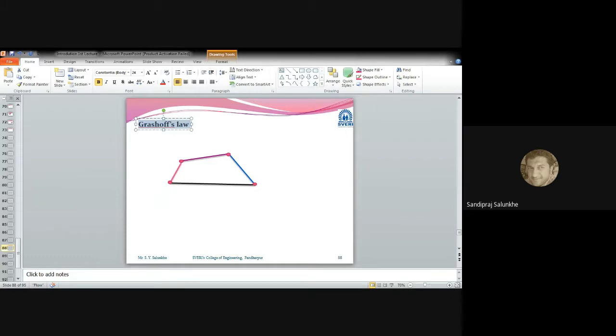So once again, I will repeat that the length of the longest link plus the length of the shortest link should be less than or equal to the summation of the remaining two link lengths.